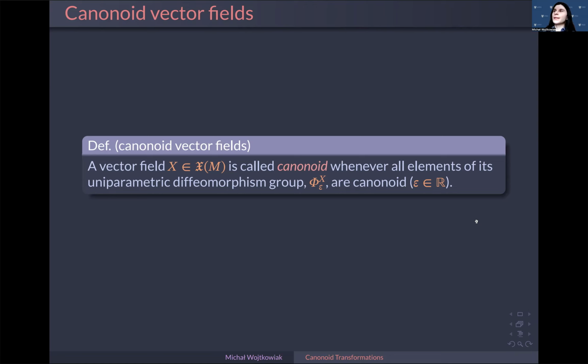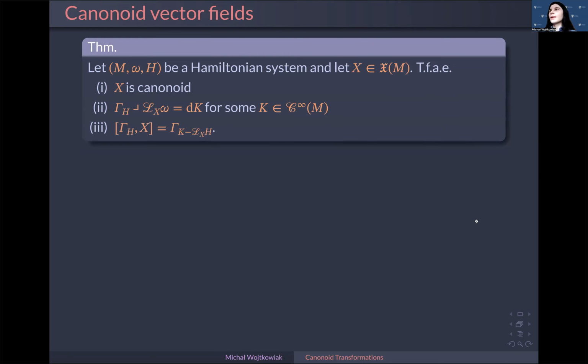And later we will see that it's fairly simple to classify these instead of the canonoid transformations themselves. So we have some very general theorems for the canonoid transformations.